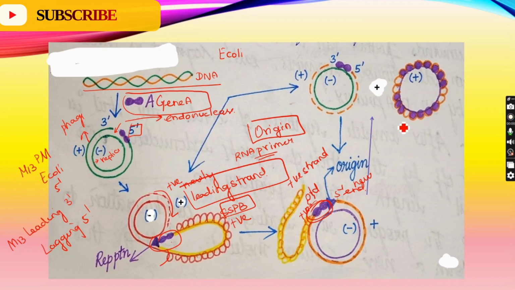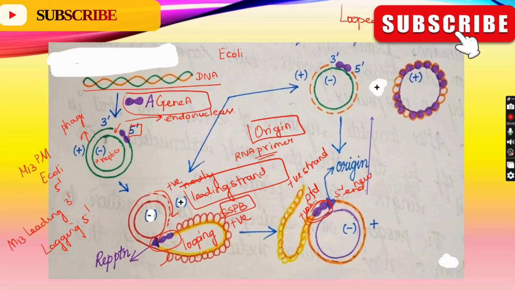Therefore, this cycle is going to be repeated. Here the looping occurs by the SSB protein and gene A protein, and a rolling back occurs. This is the looped rolling circle model of replication.